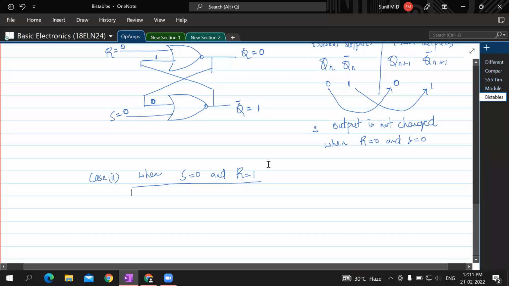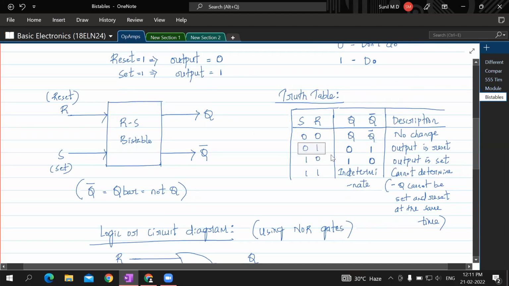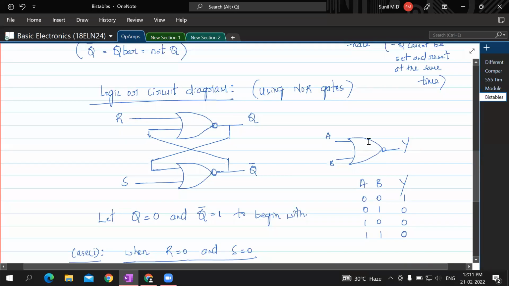When set is equal to 0 and R equal to 1, what should happen? Q should get reset because it is telling us to reset. R is 1, that means we should reset. So Q would become 0 and Q bar would be 1. Will this be true is what we are checking now.